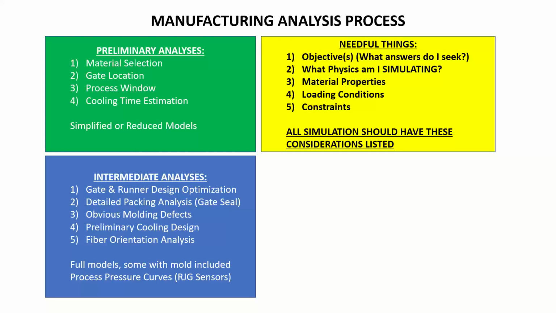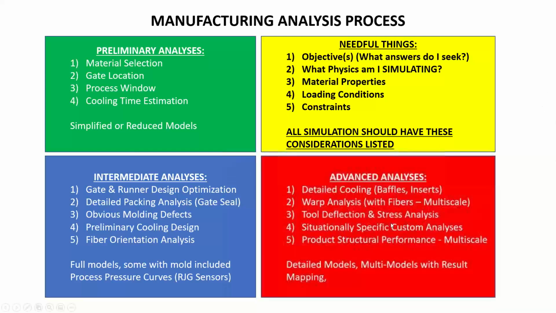And then of course, lastly, now we have the very detailed analysis: detailed cooling, baffles, inserts, bubblers, heat pipes, specialized beryllium copper inserts or aluminum inserts, or for the sake of wearability, you may be forced into using stainless steel, which actually conducts heat much less than the P20 steel that maybe the rest of your mold is made from.